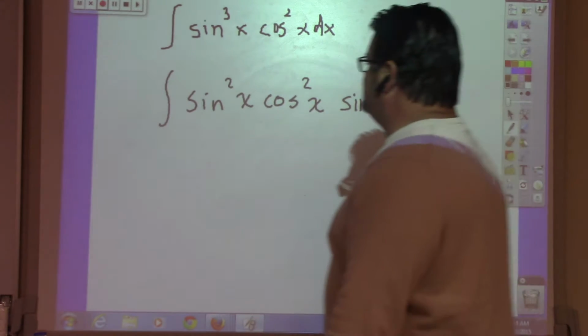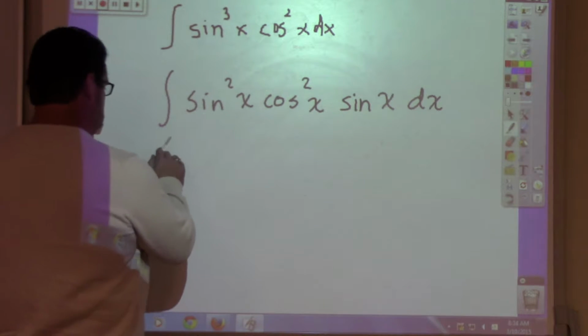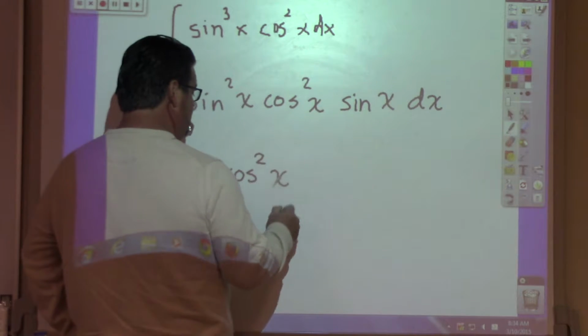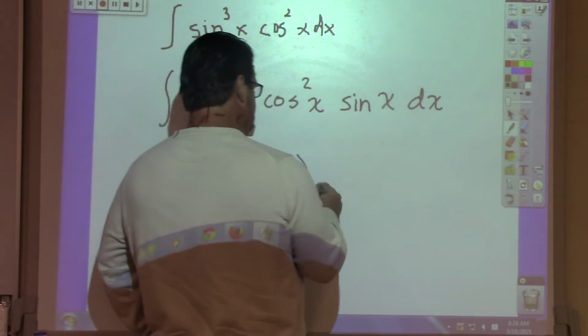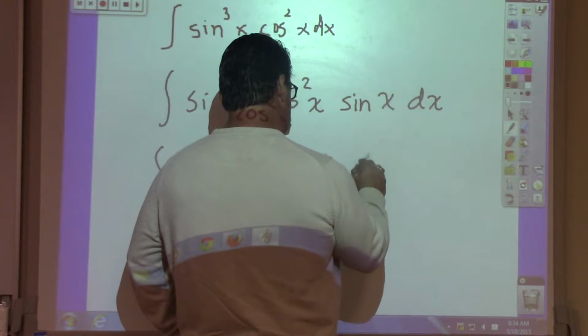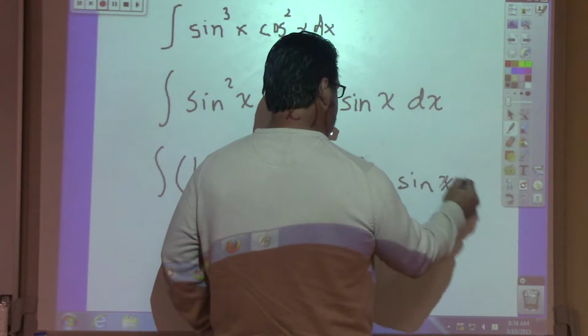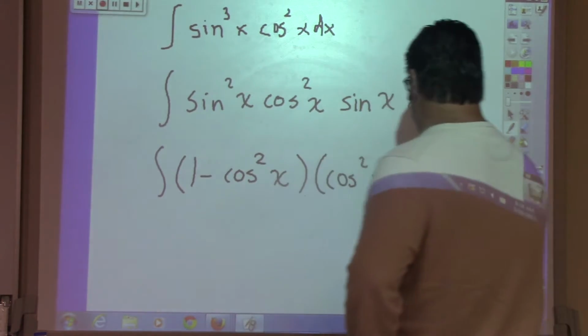How can you rewrite the sine squared? And I would put that in parentheses. And then I would put this in parentheses. Why do you want to keep this together right here?